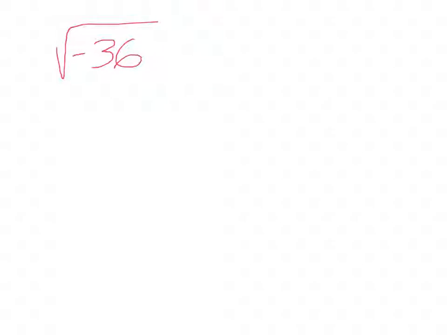That gives me positive 36. And if you say 6 and negative 6, that's not the same number. So there's no answer for this one, or we say there's no real solution. We'll talk a little later on this week about what the answer really is when you have the square root of a negative number.